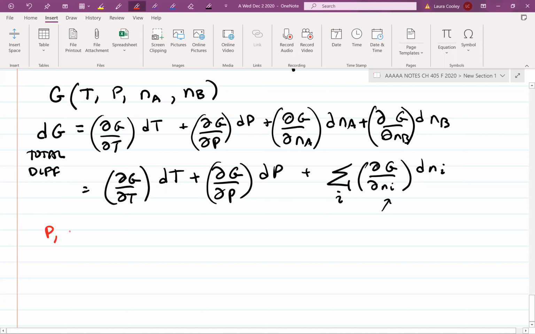Let's say, what if pressure and temperature are constant? Then we get to get rid of both of these terms, they just go away.